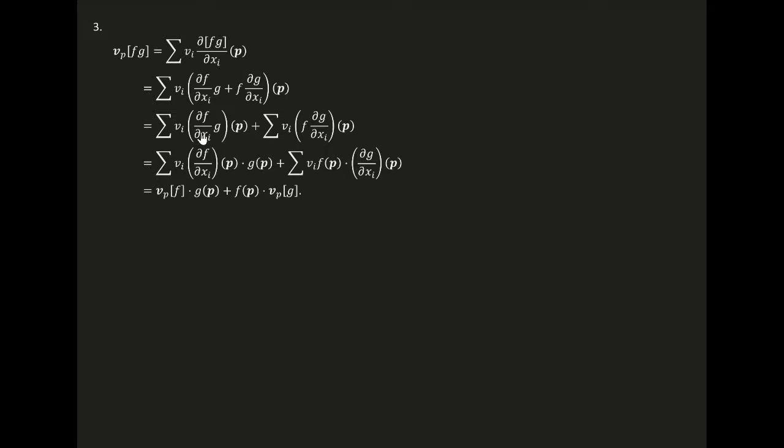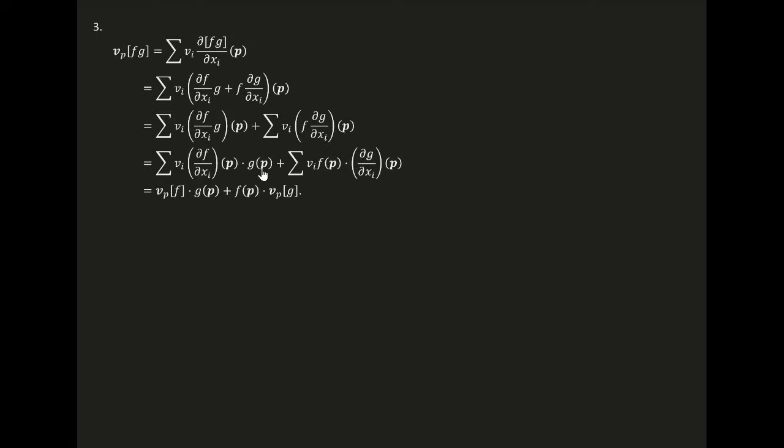We use the fact that the product of functions evaluated at a point is the product of the values of those functions evaluated at that point. So here, partial f, partial x_i times g evaluated at a point is just the product of partial f, partial x_i evaluated at the point times g evaluated at the point. We do that again over here for f and partial g, partial x_i.